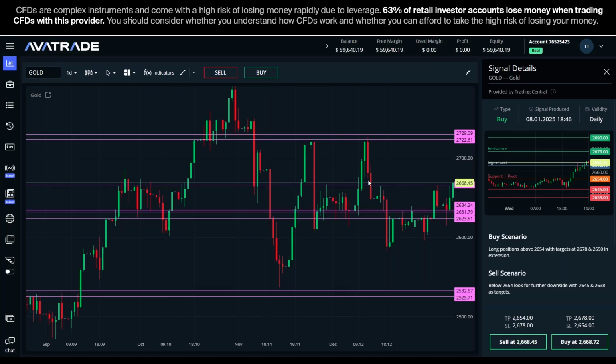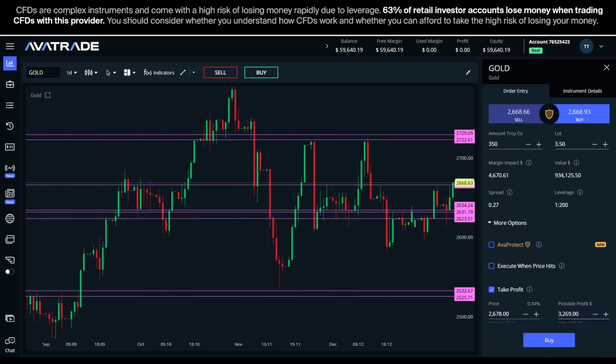Okay, so to avoid getting caught in a temporary pullback, but maybe you think it will rise eventually up towards this resistance level here, which is 27.22, then maybe you take the approach of using our special tool, which is AvaProtect.